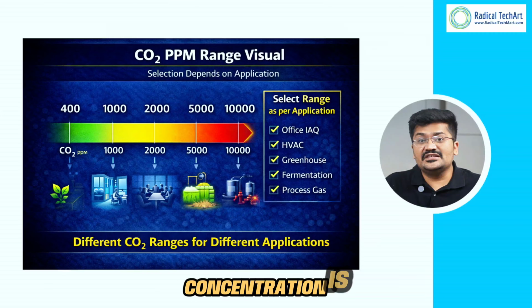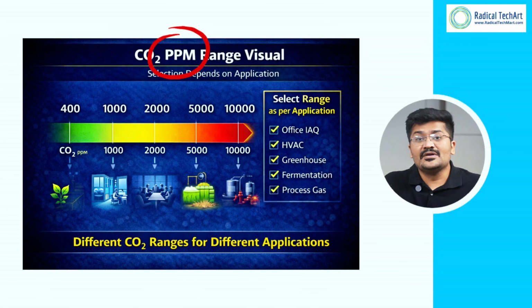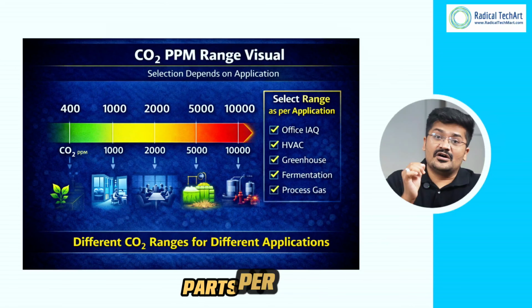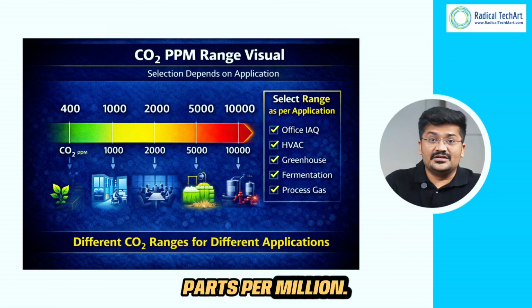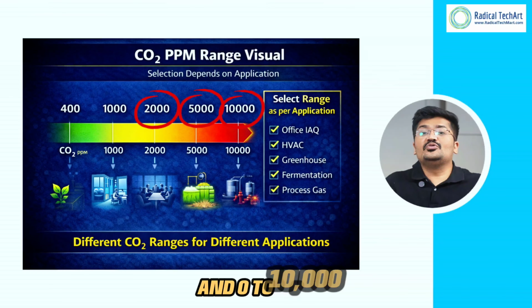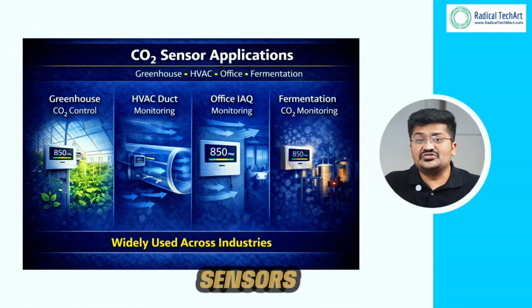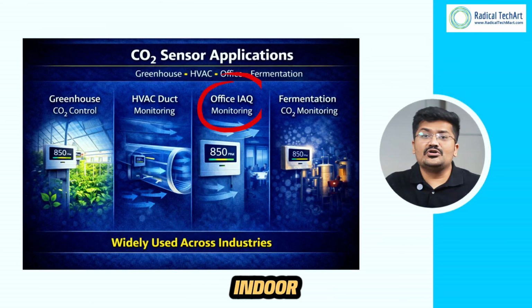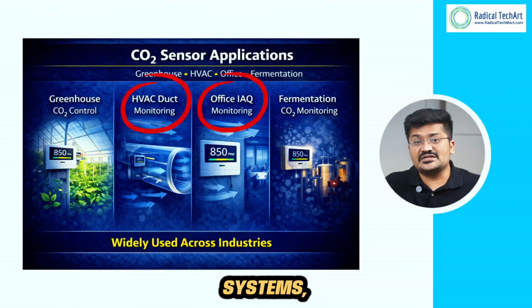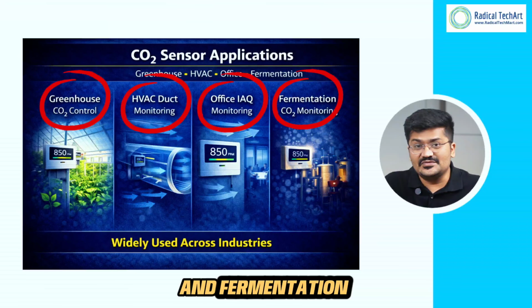CO2 concentration is usually measured in ppm, which means parts per million. Typical ranges include 0 to 2000 ppm, 0 to 5000 ppm, and 0 to 10,000 ppm. So, CO2 sensors are widely used in indoor air quality monitoring, HVAC systems, greenhouses, and fermentation monitoring.